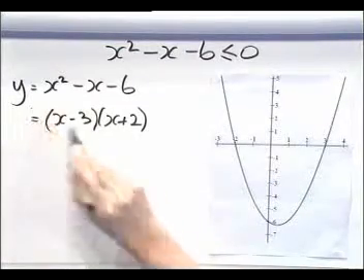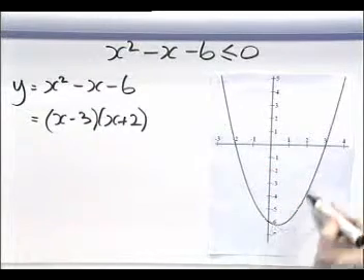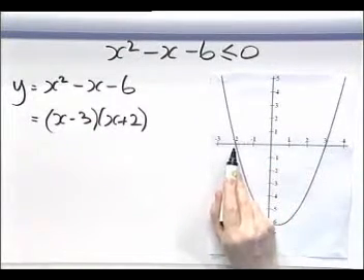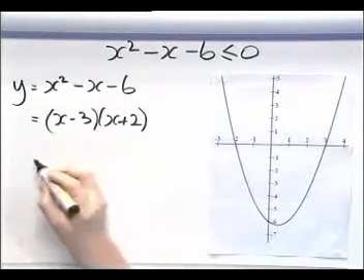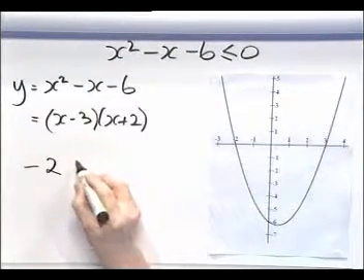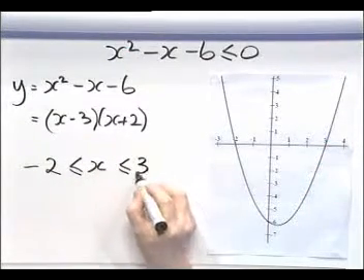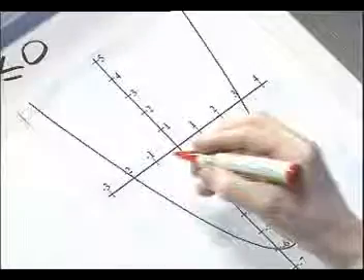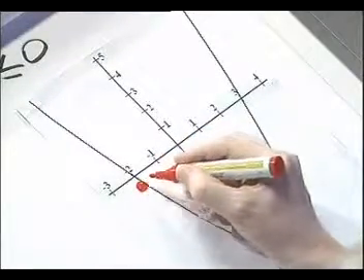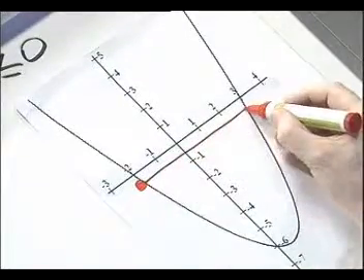In other words, y must lie on the x-axis or below it, this part of the curve, and that occurs between x equals minus 2 and x equals 3. So we can say that minus 2 is less than or equal to x, which is less than or equal to 3. And we can plot this in, again using the x-axis as the number line, from minus 2, using a closed circle because minus 2 is included, to plus 3.